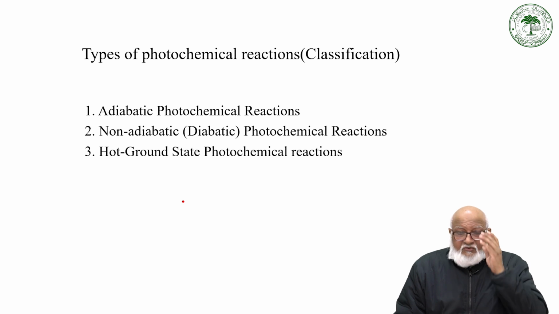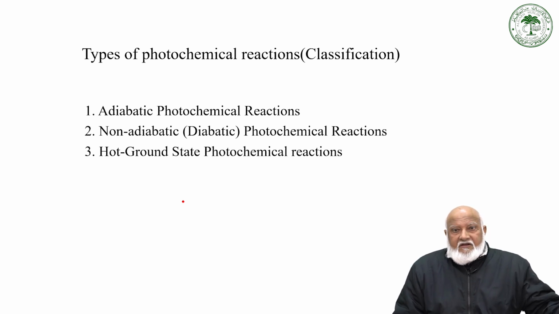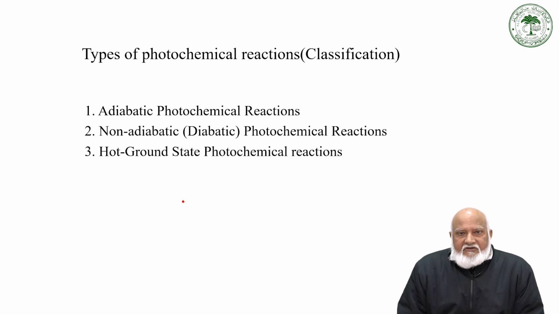Going further into the basic principles involved in photochemical reactions, depending upon the potential energy curve of the ground state and the potential energy curve of the excited state, photochemical reactions are classified into three different types, based on the movement of the reactant to the product from the ground state curve to the excited state.